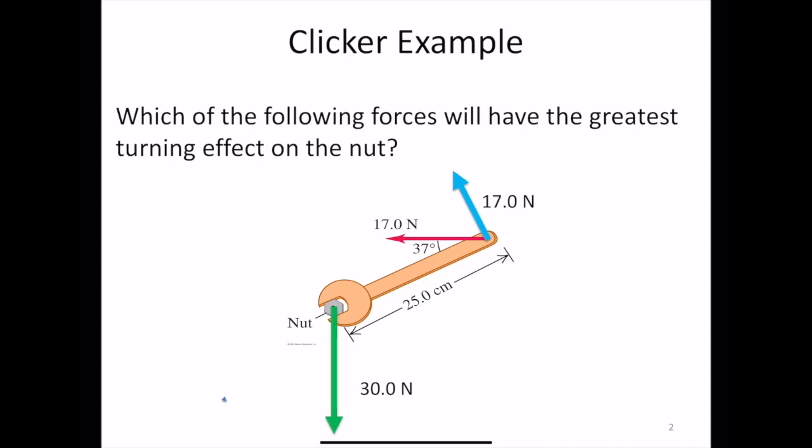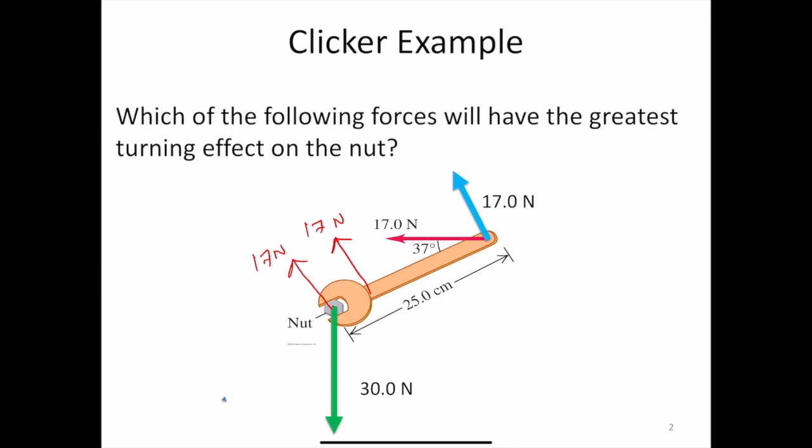So if I had chosen to apply a 17 Newton force somewhere over here, that would not have been as effective as the 17 Newton force which is far out at 25 centimeters from the axis, right? And if I had applied a 17 Newton force right here, passing through the axis, that would not have had any turning effect at all.